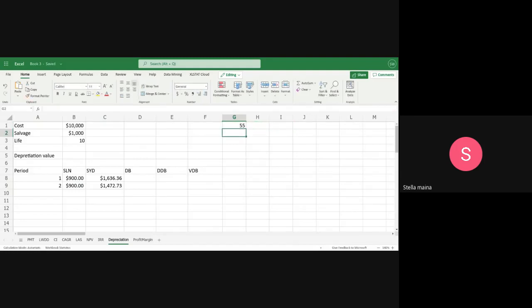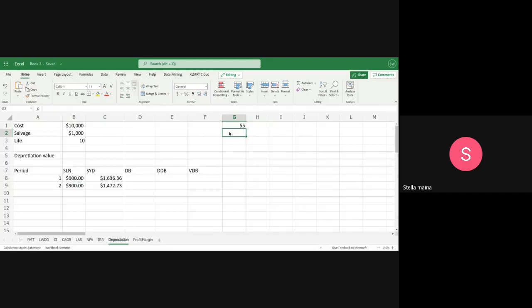Let me just put an equals sign so that it does it for me. And you can see now that it totals up to 55. Since the asset loses 9,000 in value, calculated by the cost minus the salvage, you can see that the asset will lose $9,000 in value.